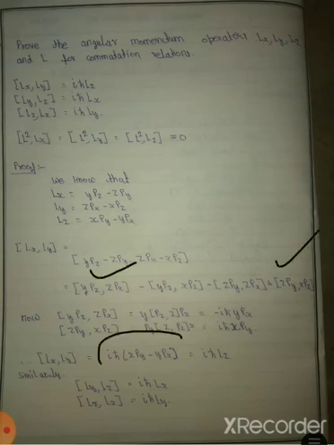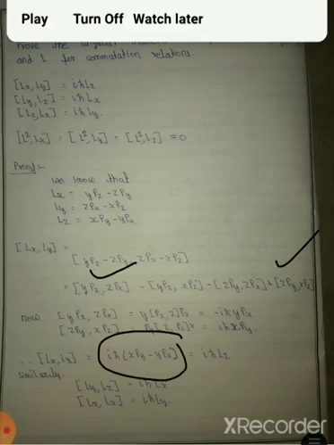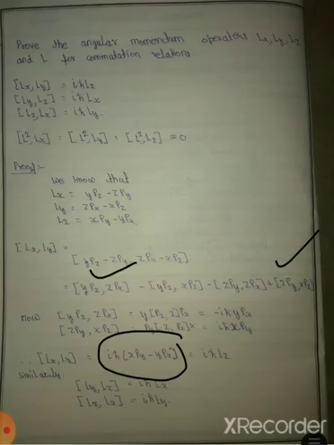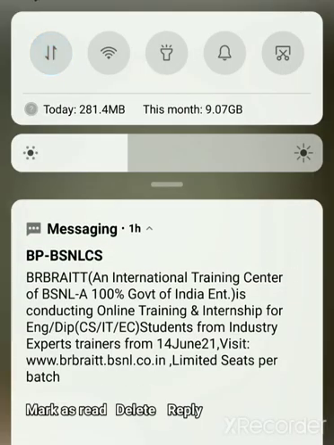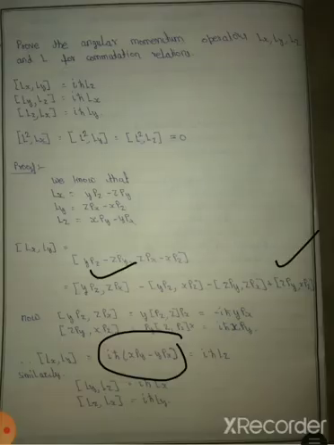So we take out common iħ here. Here we calculate x py minus y px.